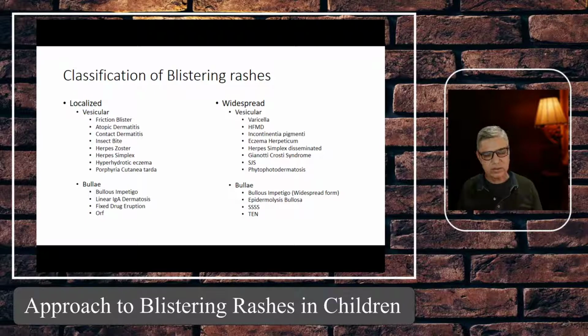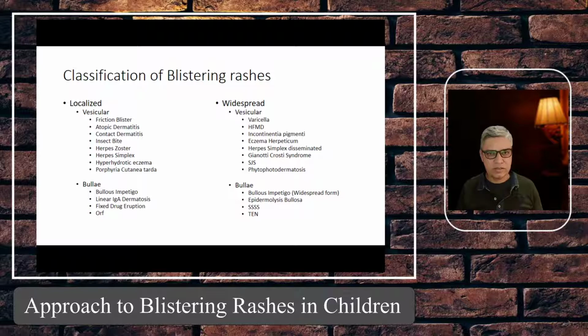Then the other condition is staphylococcal scalded skin syndrome, again a very serious condition in which usually the child gets a sore throat or something which is a staphylococcal infection, but what happens is that the exfoliative toxins from the staphylococci go everywhere in the body, especially in the skin, and then they cause exfoliation in the form of blistering.